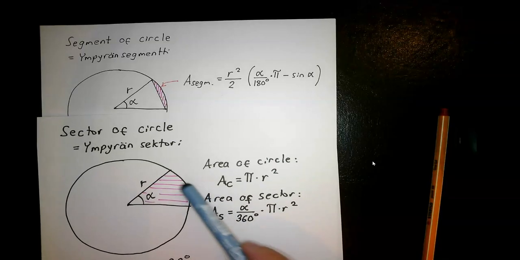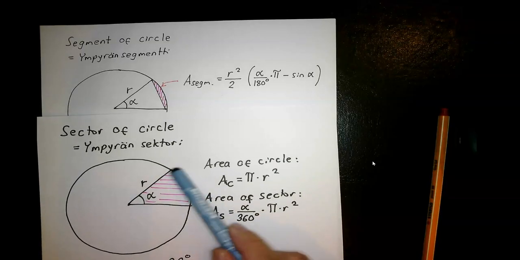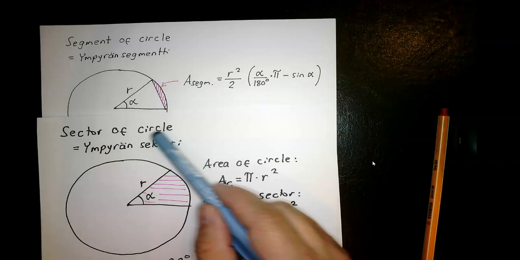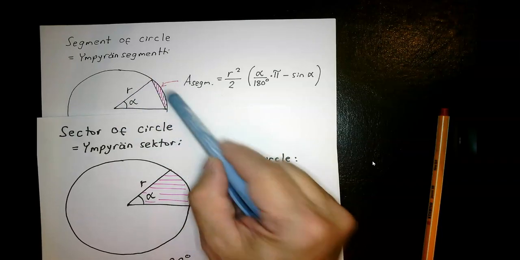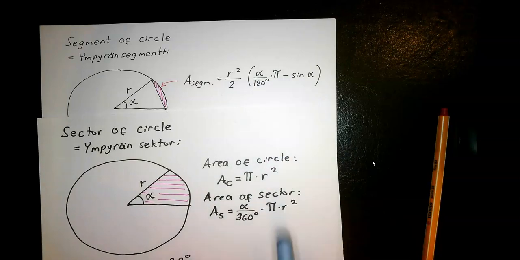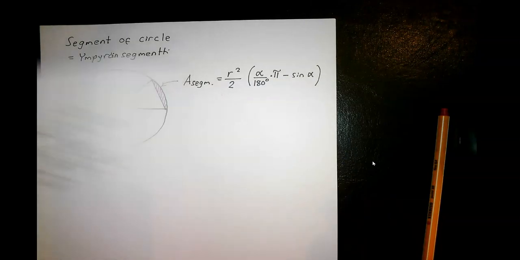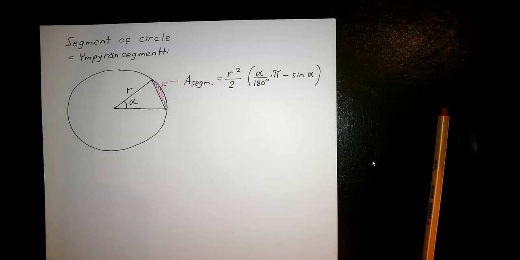If you subtract from this area the area of this triangle, you get the segment, and this formula is taken from that way.